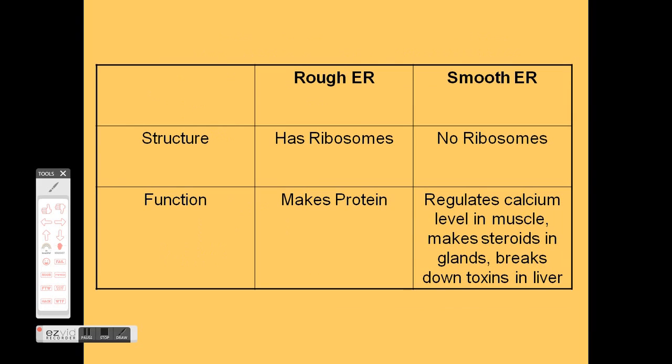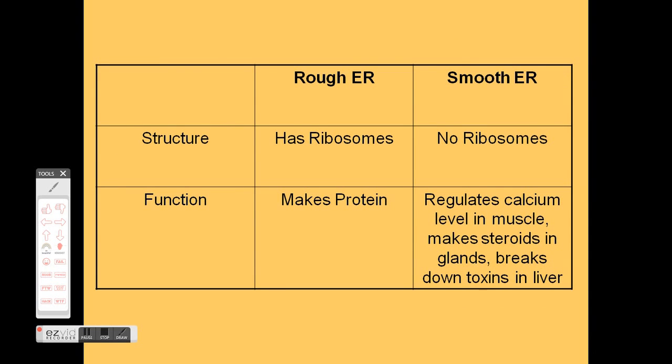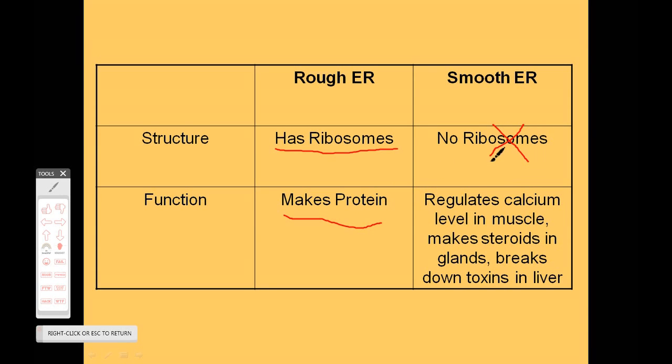And here would be the difference between the rough endoplasmic reticulum, which we just saw right here, and the smooth endoplasmic reticulum. The structure of the rough ER does have ribosomes. That's why it looks rough. They stick on the outside edge. And the function is to make protein. The smooth ER is smooth, so it has no ribosomes on it, so it looks smooth.